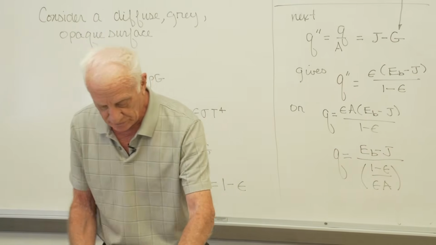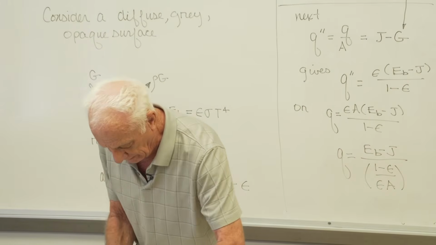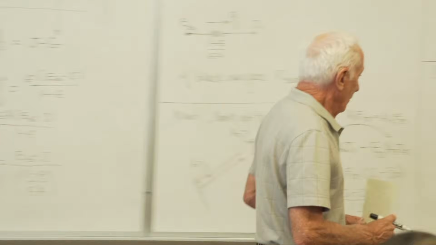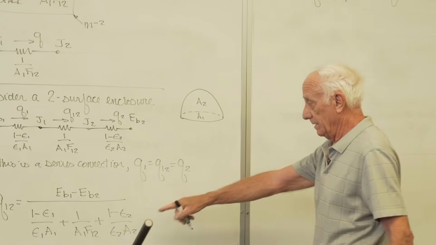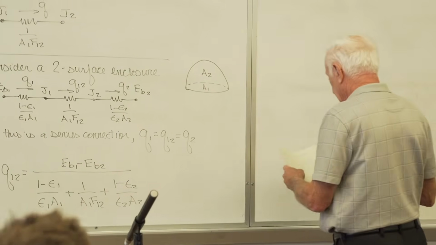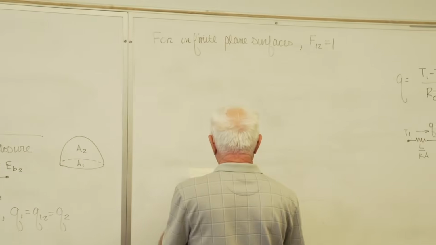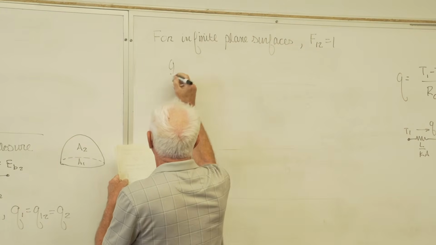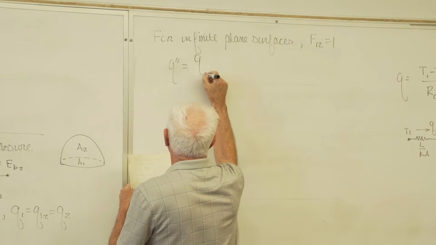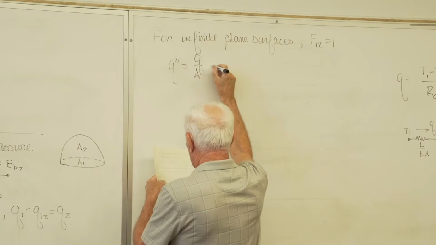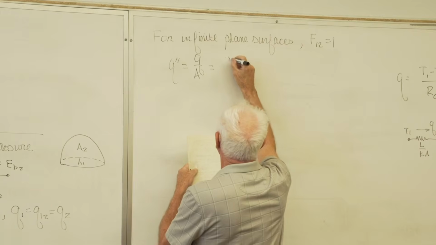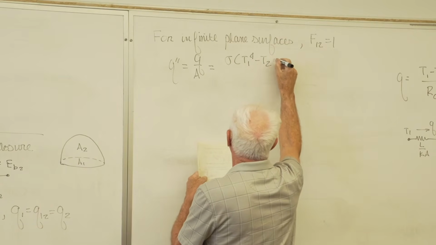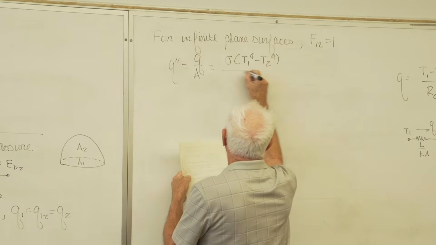Well, okay, so then put that in there. F12 is 1. Put 1 down there. All right, so if that's the case, then Q double prime, Q over A, equals sigma times T1 to the 4th minus T2 to the 4th, divided by the resistance terms.